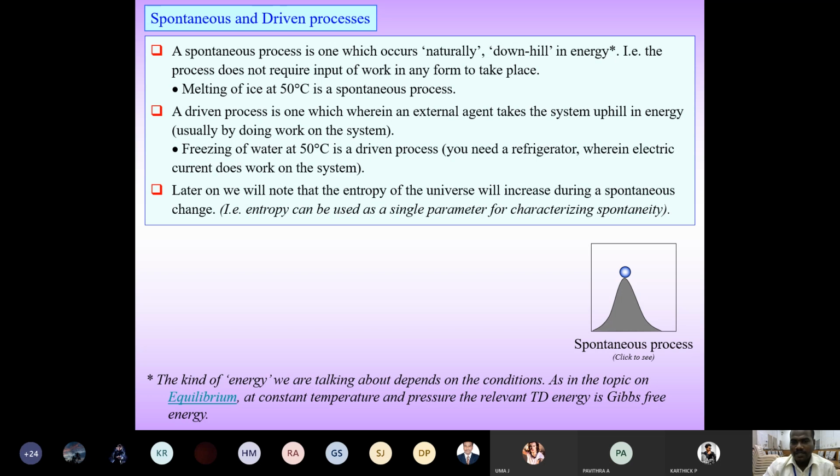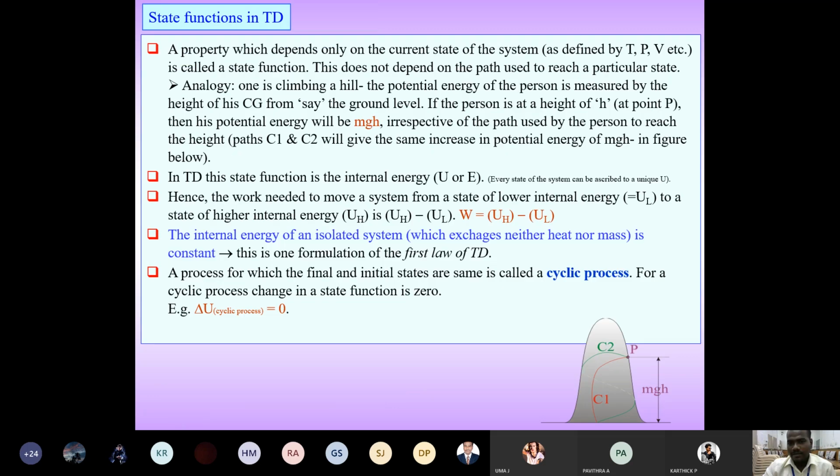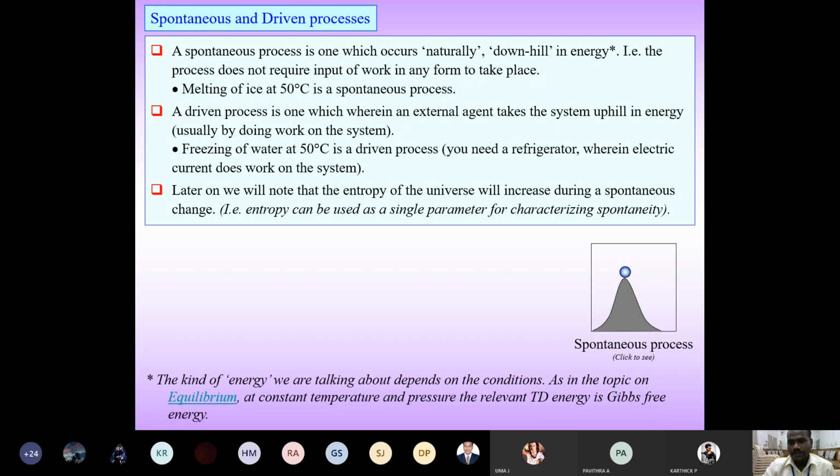How can we say this is a spontaneous process? Uphill, downhill energy. If this ball comes from the top of the hill, that is called downhill energy. Again I am repeating, this downhill energy is a spontaneous process, whereas a driven process is one in which an external agent takes the system uphill.